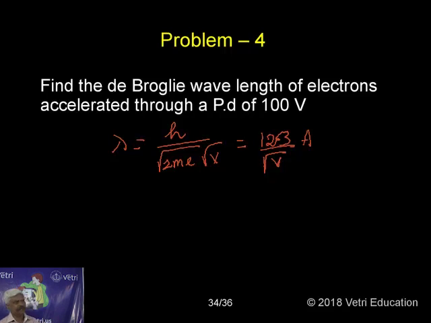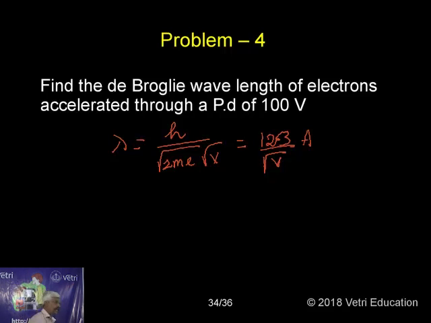Everything is a constant value. h by root of 2meV is always 12.3 × 10 to the power minus 10 meters. Once we know the potential difference, immediately we can find it. This is a shortcut technique. So 12.3 by root V is called the de Broglie wavelength for electron.